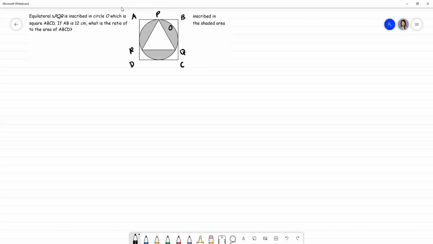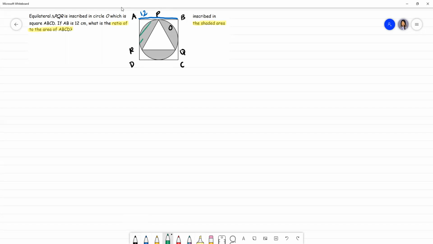If AB, so that would be this length right here, is 12, what is the ratio of the shaded area to the area of ABCD? So it's technically asking for this area right here.